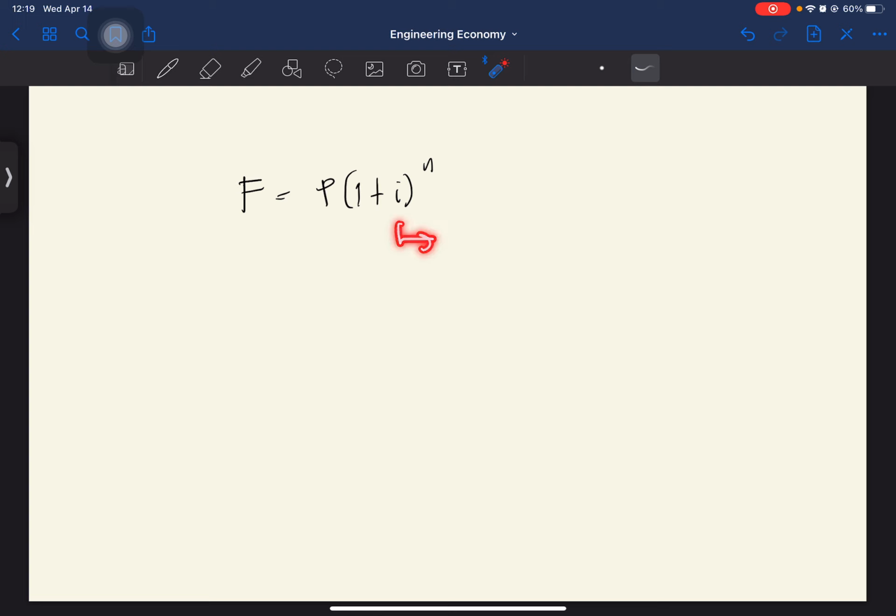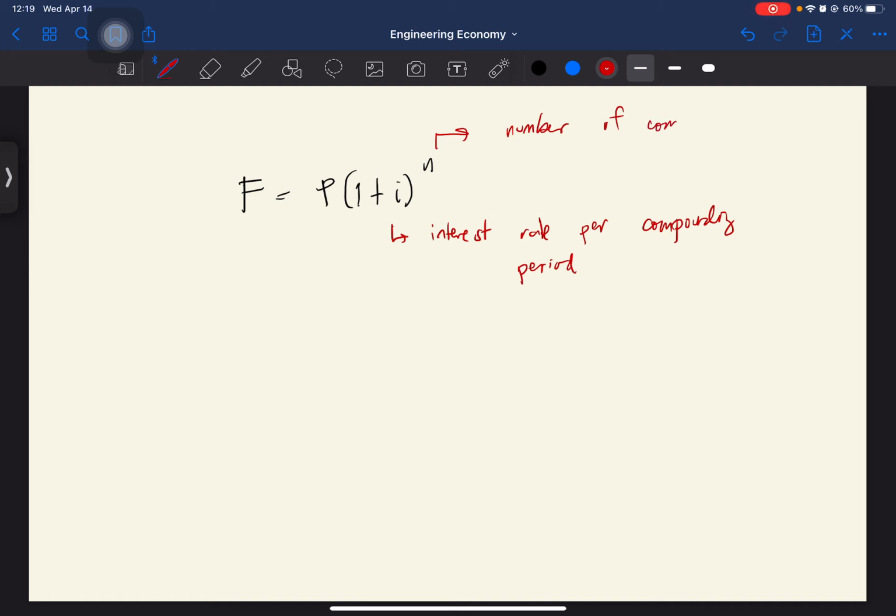Where I is interest rate per compounding period. Tapos N is number of compounding period. Pero, dati N is equal to number of years.